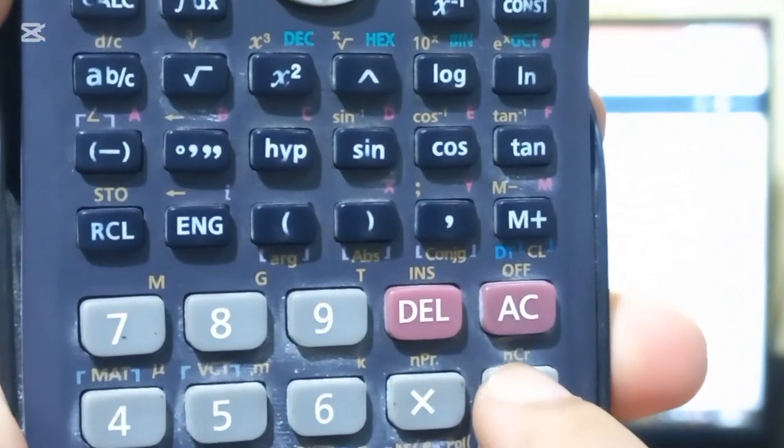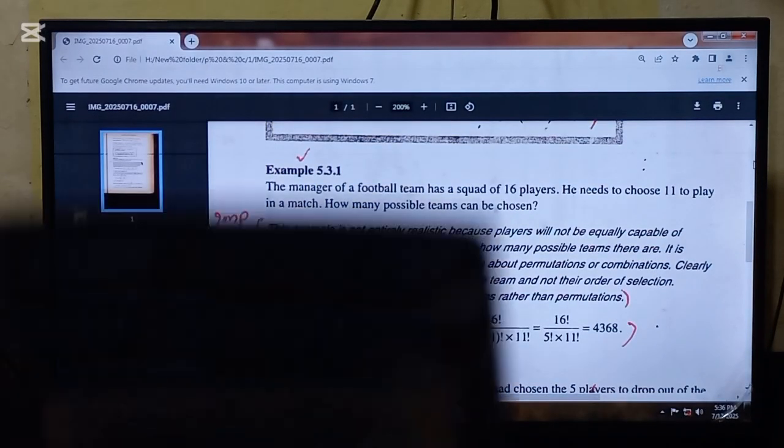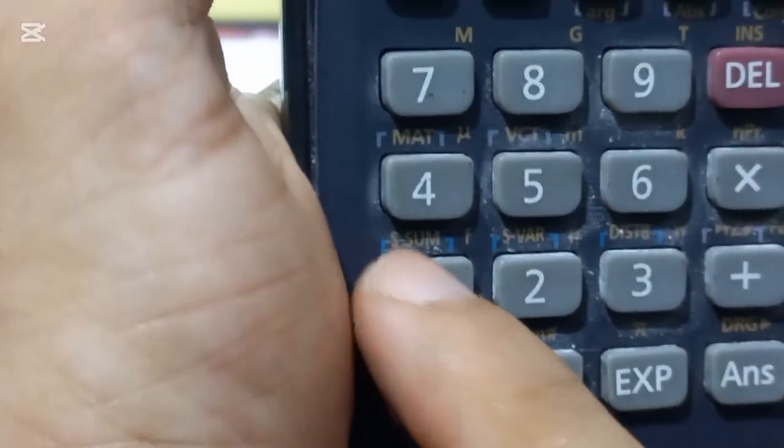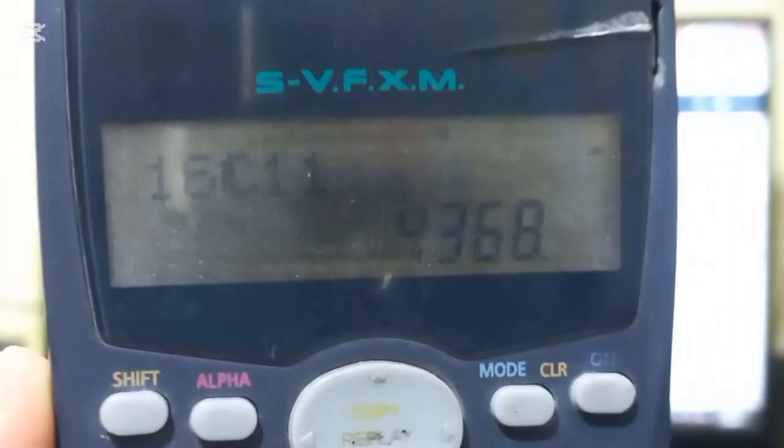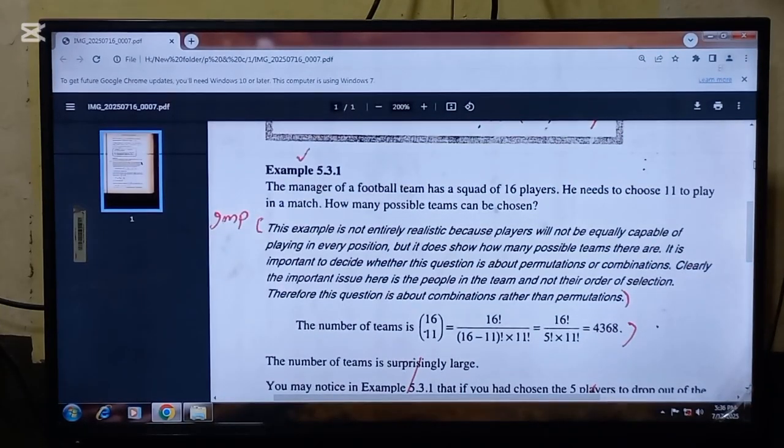So you will press the division button now. On the screen you can see 16C is written, and now you will press 11. So on the screen you can see 16C11 is written, and now you will press the equal button. That will give you the answer. So look at the screen, 4368. So this is the short method to reach the answer.